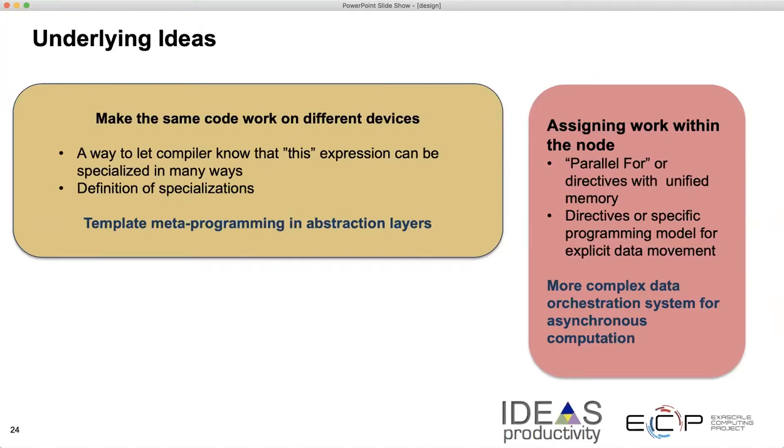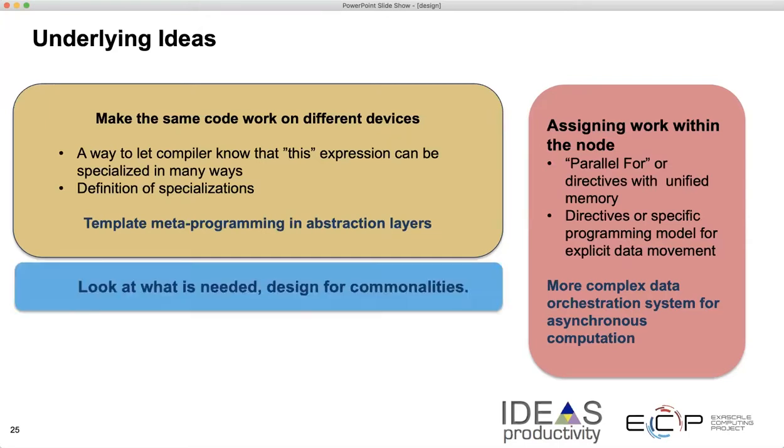If you want to do more asynchronous computation, you need more complex data orchestration system. And there are systems out there that provide that too. For example, there is Legion, and then there are a whole bunch of asynchronous task-based programming model tools. And there are also now a cottage industry of specialized, much simpler tools that are in existence. But basically, this is what you need. These are the two main components that need to be accounted for in whatever system of abstraction that you're trying to use.